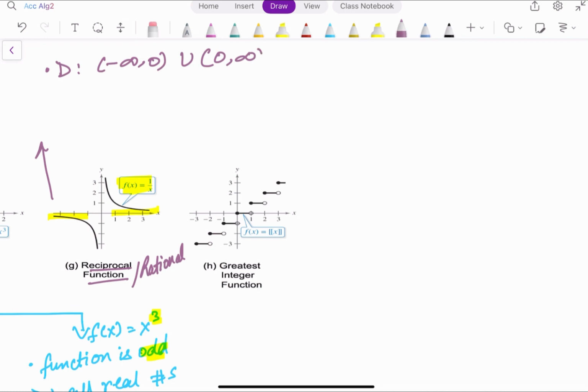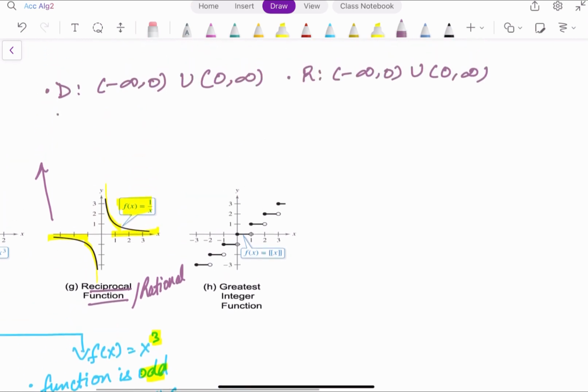So the domain is negative infinity to 0 and 0 to infinity. Now 0 is not included because it is not touching 0. So the range is negative infinity to 0 and 0 to infinity again. Again, 0 is not included, and with infinity we don't use the closed parentheses. We don't use the closed dots. We just always use the open dots.